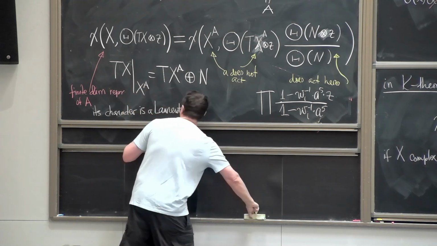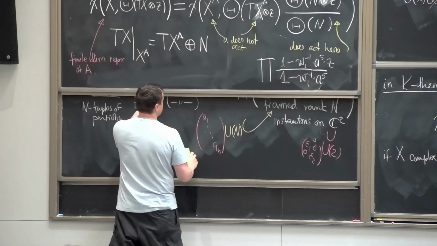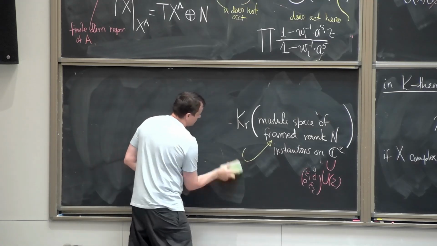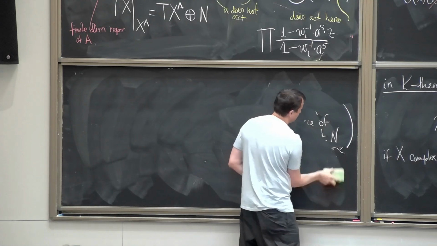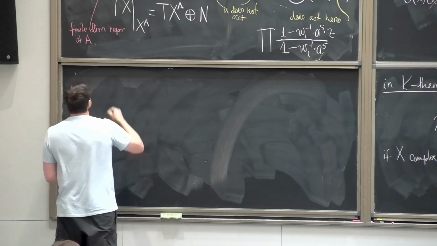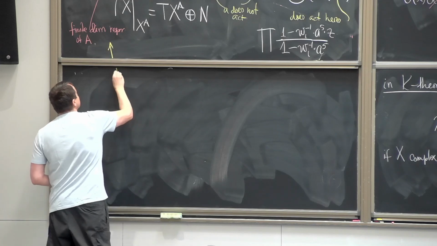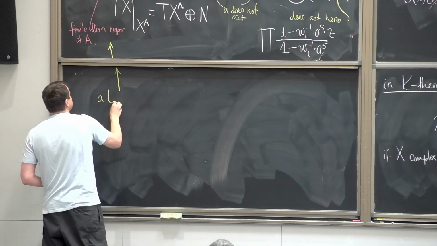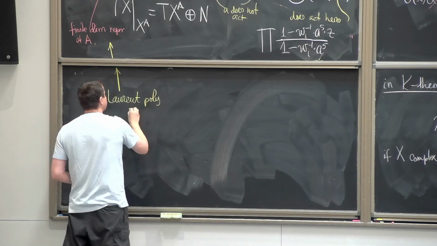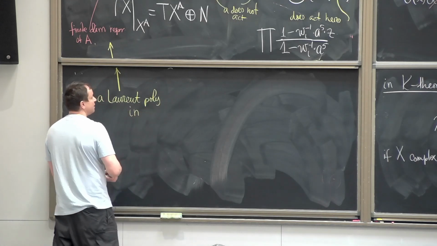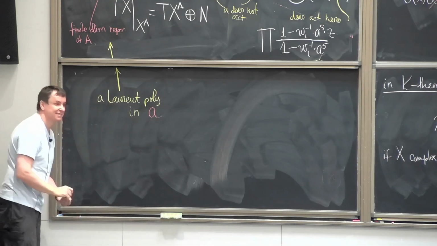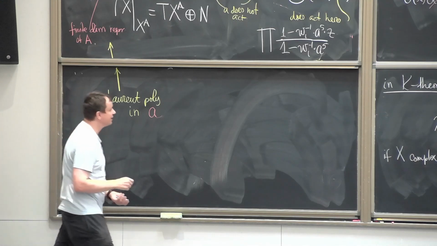So maybe I'll give myself a new board, since it's kind of an important point. So the character of that is a Laurent polynomial in the variable A. Look at this expression.